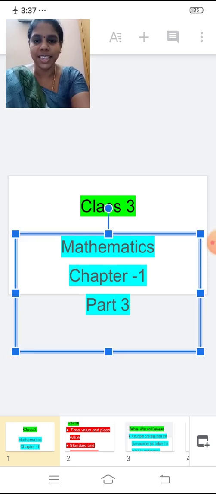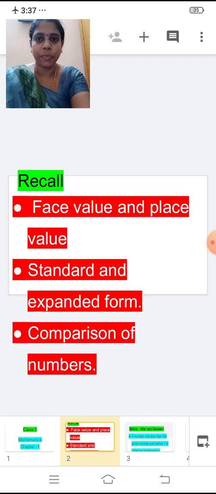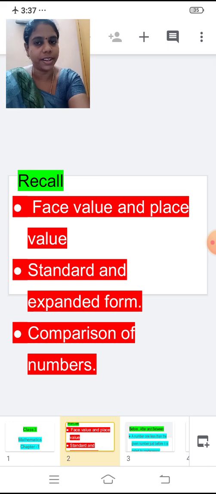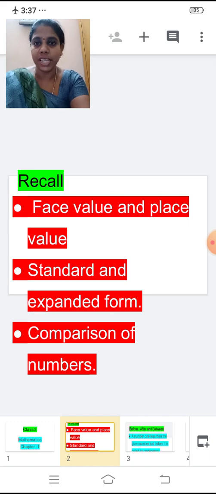Last class we saw face value and place value of a number, right? So you all know how to find the place value of a number, isn't it, children? What is face value? It is the value of the digit itself.